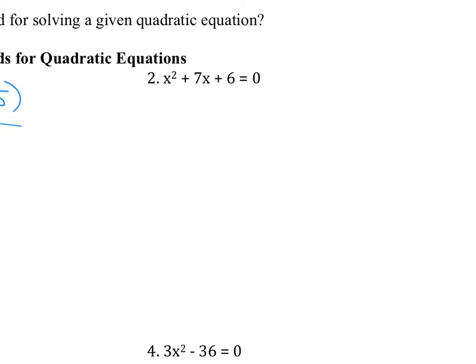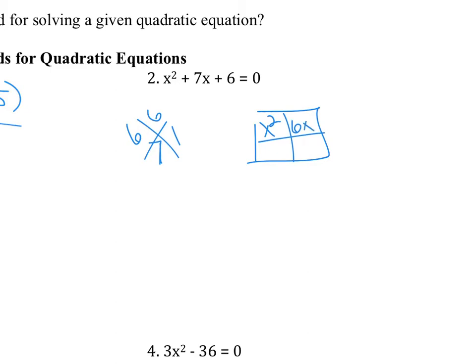So trinomial, and our a is 1, so that might make it easier to factor. So I get 6 on top, 7 on bottom. So it multiplies to 6 and adds to 7. Well, that's 6 and 1. Go ahead and draw our box. So we get x squared, 6x, x, and 6. There's my x squared. My 7x is made of 6x and x, and then 6 is my 6.